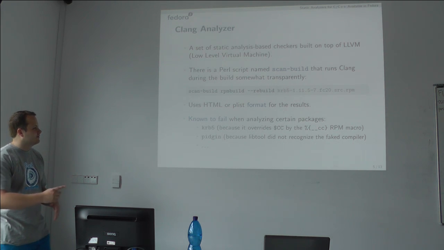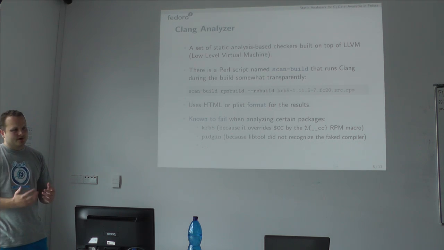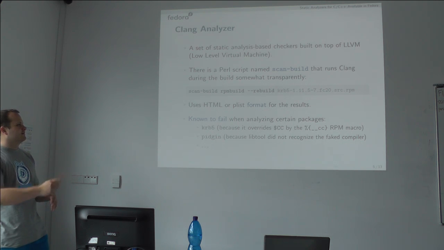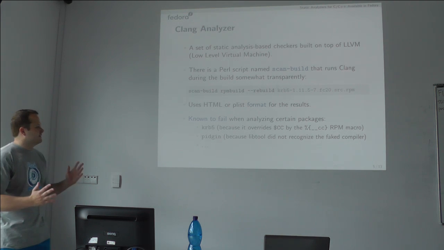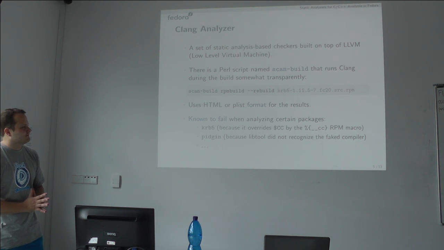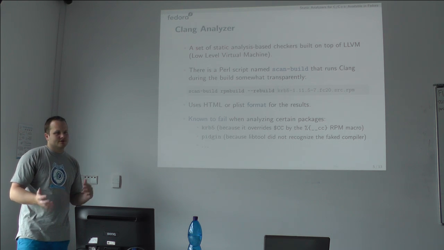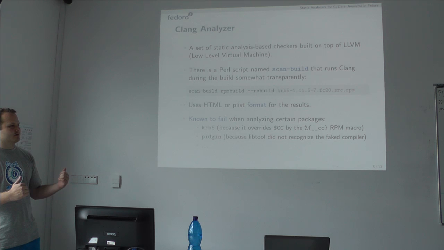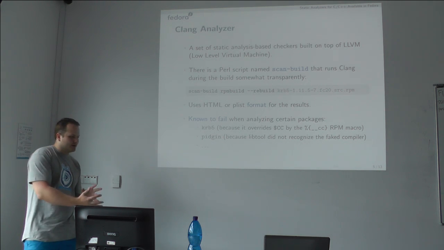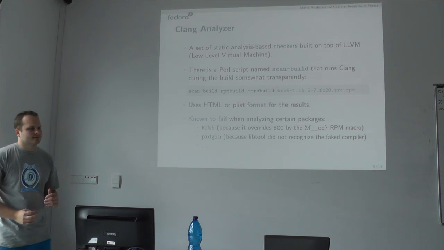For example, for Kerberos, it does not use the wrapper at all because the spec file overrides the CC variable. So by running this command, you actually get no result. Similarly, Pidgin uses some buggy version of libtool, which does not recognize the wrapper as a compiler. So not only do we not get the results, it also breaks the build in this case.